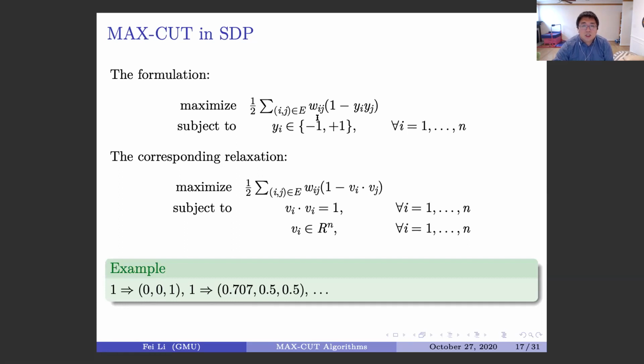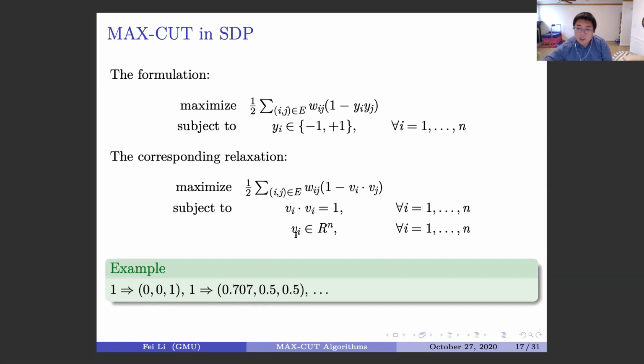Here is the integer program of the max-cut problem. The good thing is that here you have the product of the variables y_i and y_j, and you would like to relax these variables, using vectors to replace the integers, positive one or negative one. Then you have the corresponding relaxation of the integer program, like here.